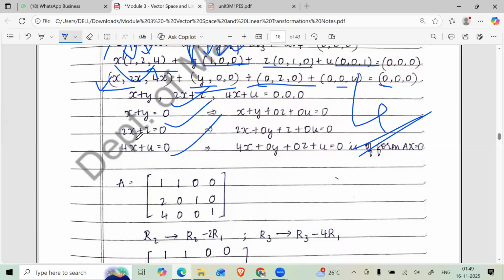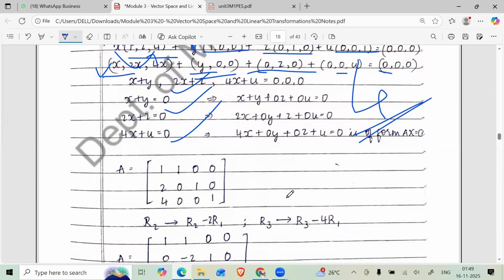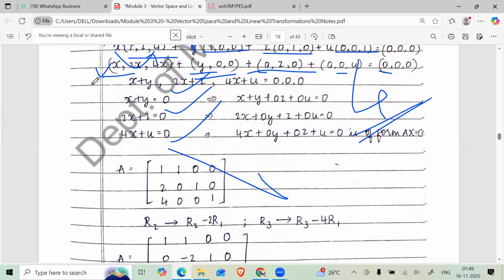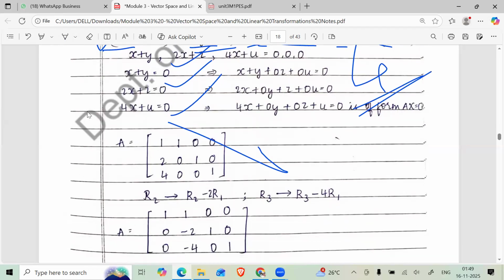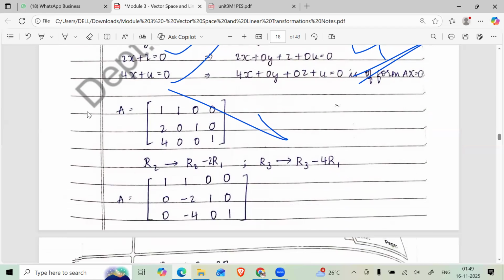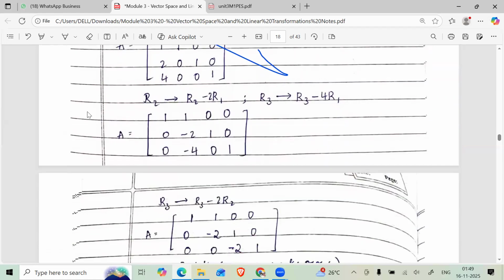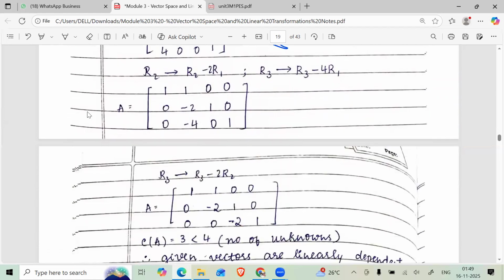Correct? Once you're done with all of those things, then what? Use a calculator to get the answer. But always apply the elementary row column transformation, because we need to show that we make a triangle.